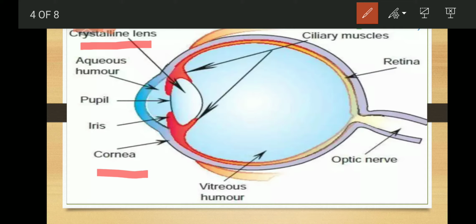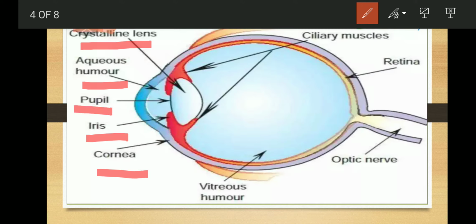The next is aqueous humor. It is a transparent jelly-like material between the cornea and the lens. Now iris. It is behind the cornea and it is dark colored muscular diaphragm which controls the size of the pupil.